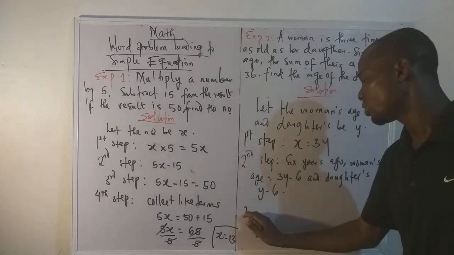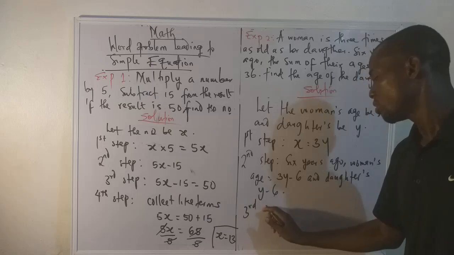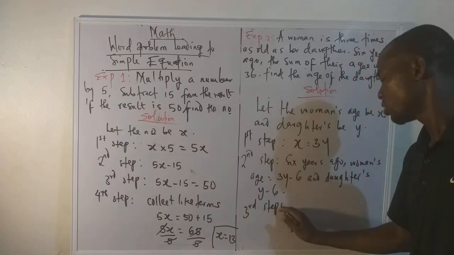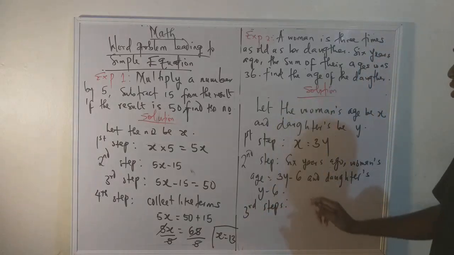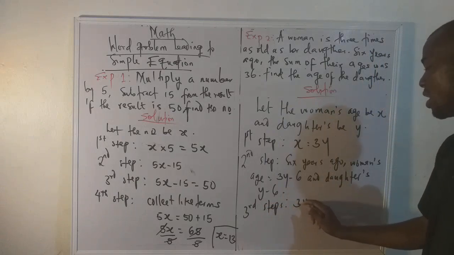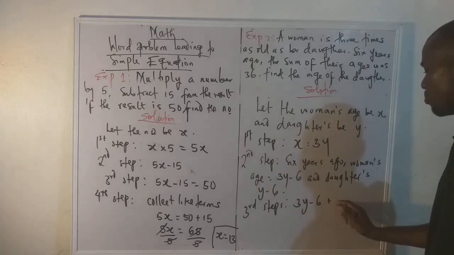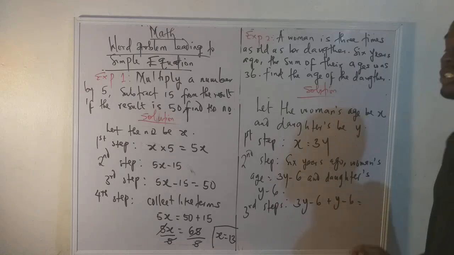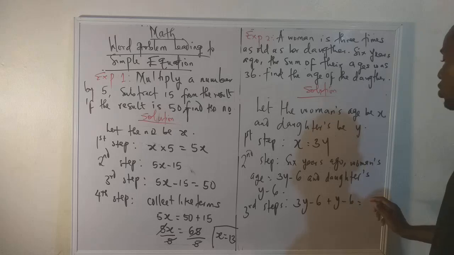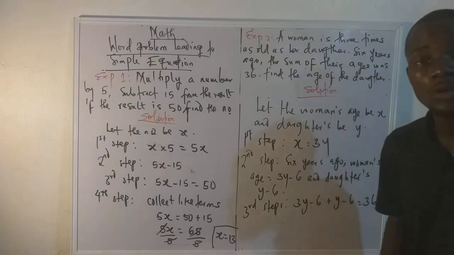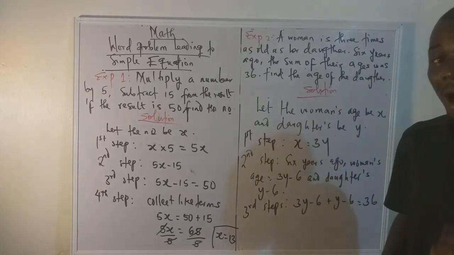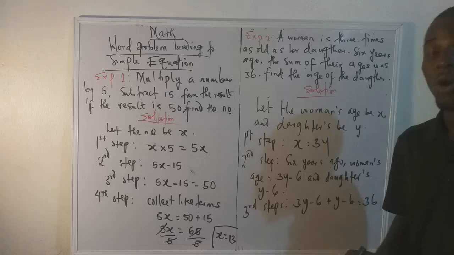Now the other information says 6 years ago, the sum of their ages was 36. So this is our third step. The sum of their ages was 36. That implies 3y minus 6 for the mother plus y minus 6 for the daughter, and that will give us 36. So here clearly we are solving for y, and remember y is the age of the daughter.